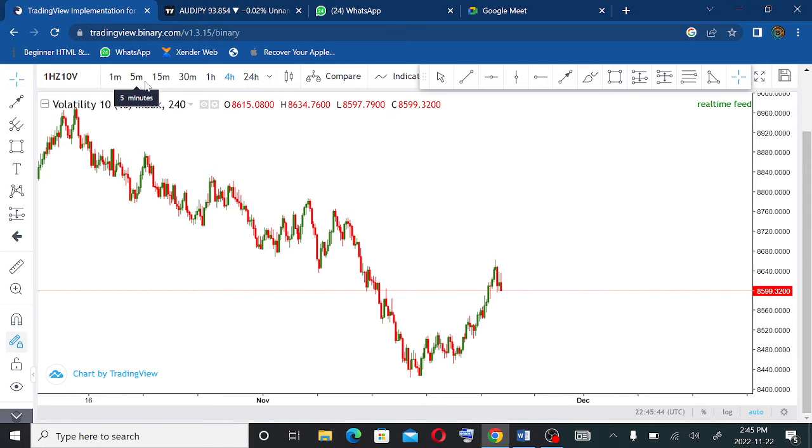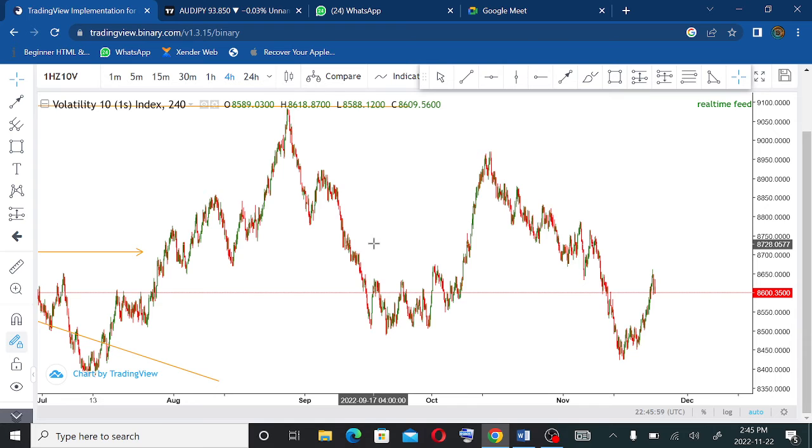Sometimes I go lower, but most times I skip the 30 minutes time frame. I won't lie, I do it for 1 hour, that is 24 hours, 4 hours, 1 hour, and then 15 minutes. So now on this time frame, what can I see clearly?